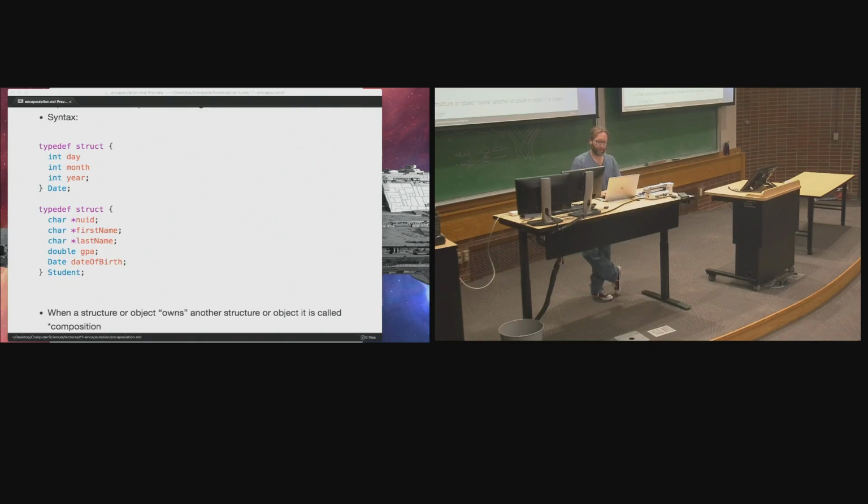Right? Well, why is it called composition? Because one structure is composed of another. A date is composed of 3 numbers. A student is composed of 3 strings, 1 double, and another structure. So you have this kind of parent-child relationship here with respect to composition.